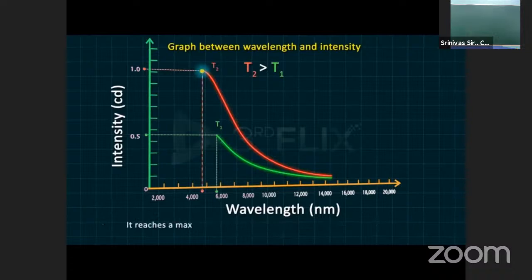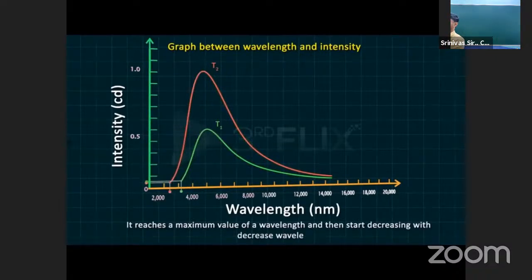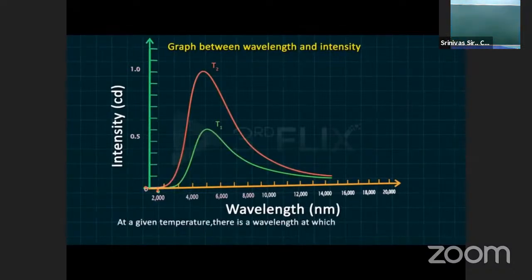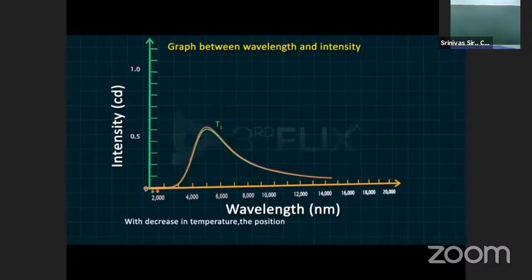The intensity reaches a maximum value at a particular wavelength and then starts decreasing with decrease in wavelength. At a given temperature, there is a particular wavelength at which the radiation emitted has maximum intensity. With decrease in temperature, the position of this maximum intensity shifts towards higher wavelengths.